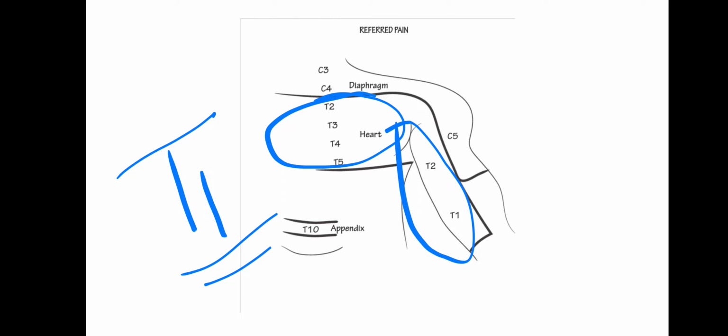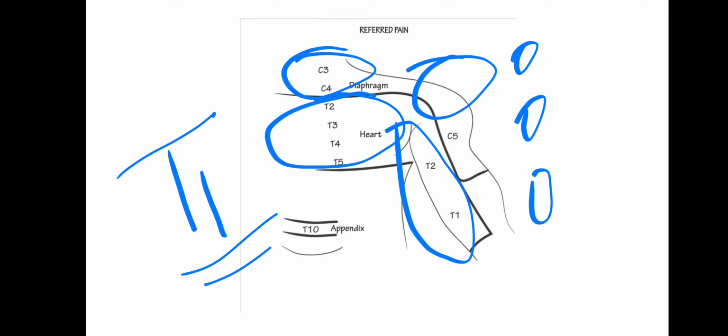Sometimes we can also see pain in the left shoulder, the cervical and the mandibular region as well. This is because of the cardiac fibers coming from the superior, middle and inferior cervical ganglia.